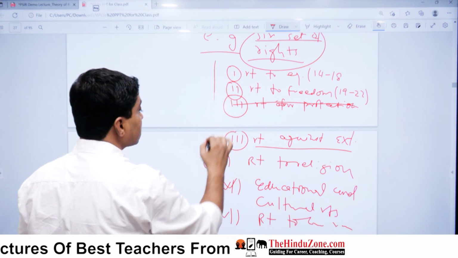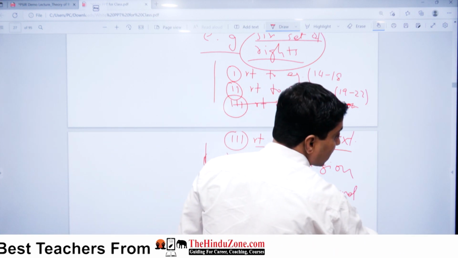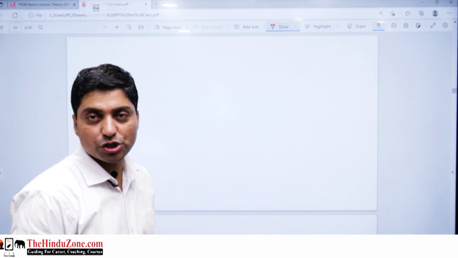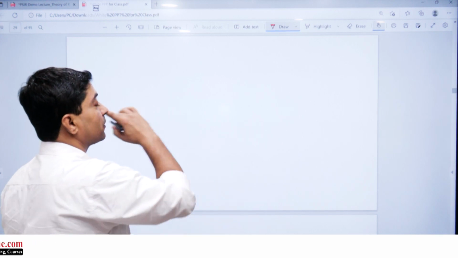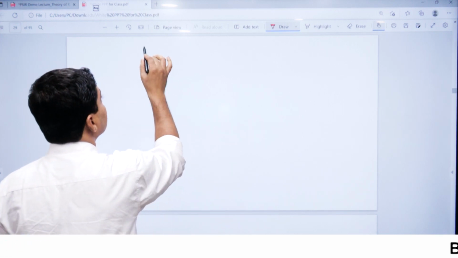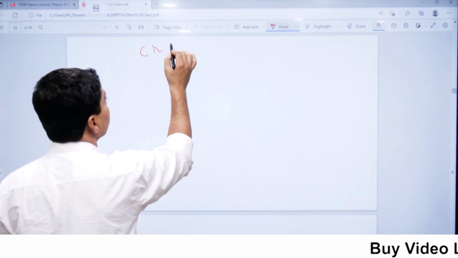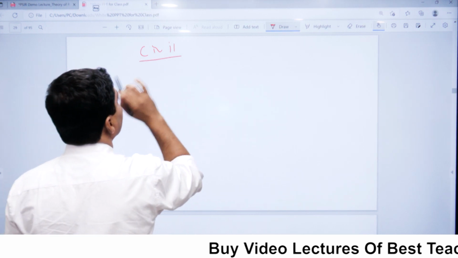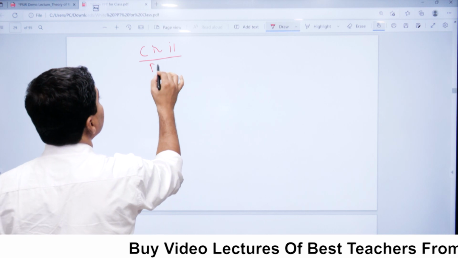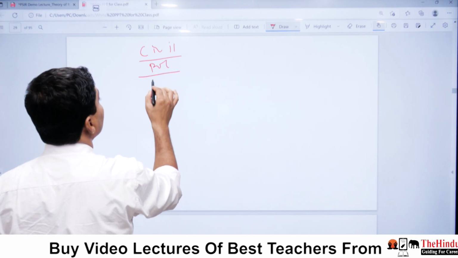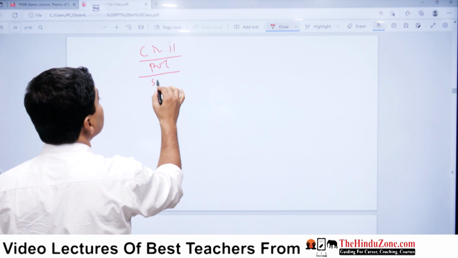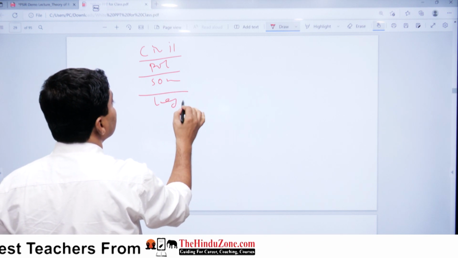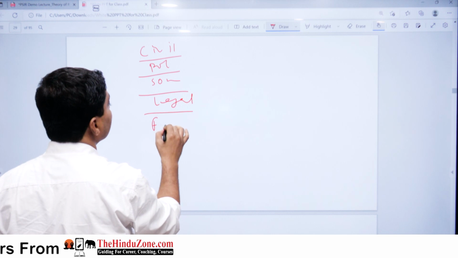Now you see these 6 sets of rights given as fundamental rights by the Indian Constitution. Now we got an idea what is civil right, political right, social right, legal right, and fundamental right.